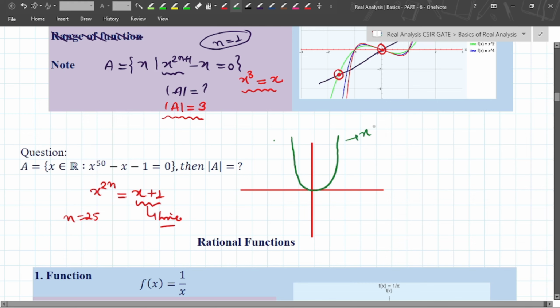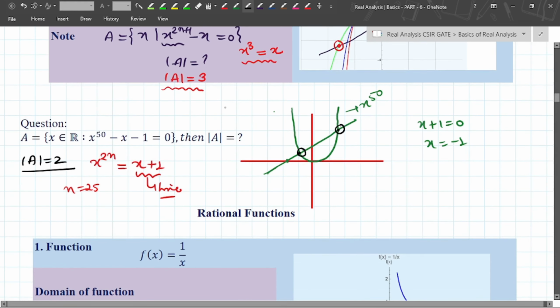Okay, it is x power 50, and now it is what? X power 50 plus x plus 1. So x plus 1 equals 0, means it will pass through minus 1. Then here, then it is like this. So how many points is it intersecting to this? This is one of the points, and this is the second point. So the cardinality of this is 2. So this is cut on curve. So this is the thing that you can find the cardinality of this kind of set.